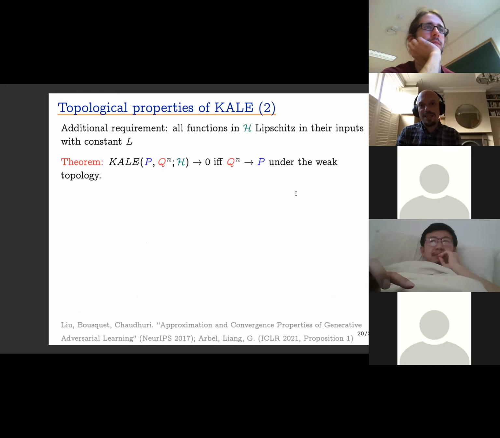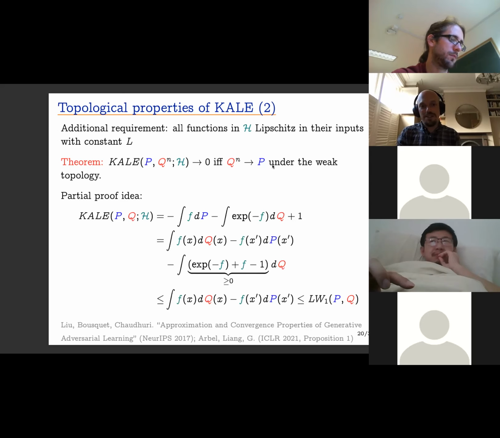Now, this requires an additional property of my function class, that it should be Lipschitz in the inputs with constant L. If this additional property is satisfied, then KL goes to 0 if and only if Qn converges weakly to P. And this property makes it very clear the sense in which the KL relates to IPMs, because proving this makes the construction explicit. So here is the proof sketch.